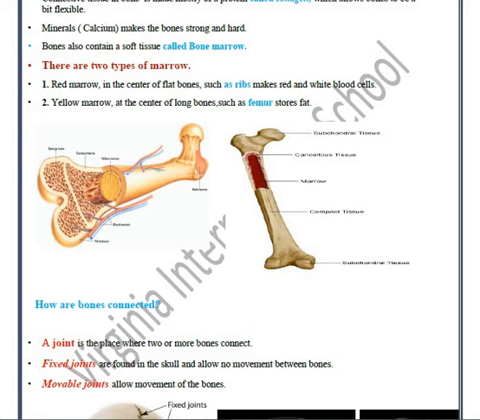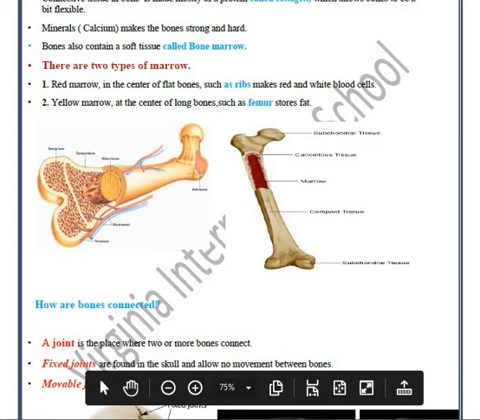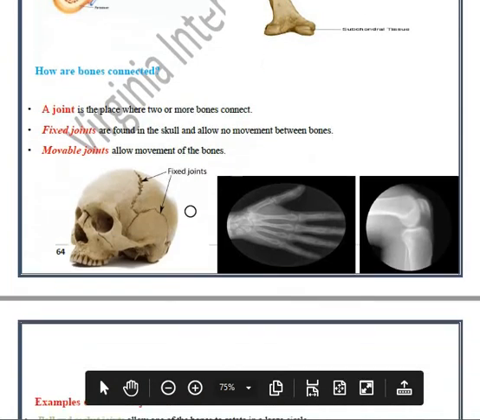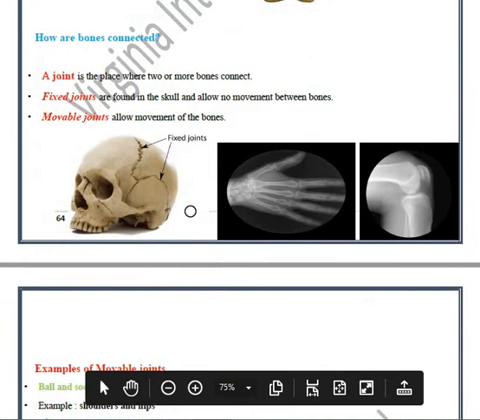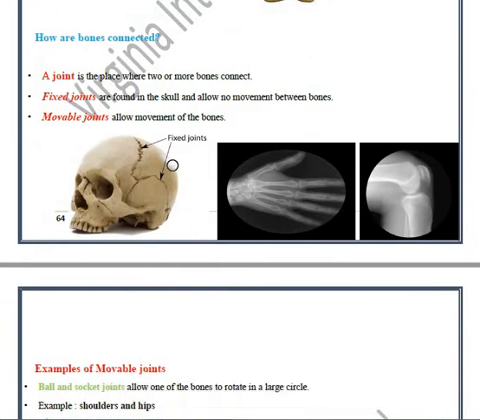The red is found in the flat bones, just like the ribs, and the yellow is found in the long bones, like the hip, although it's not called the hip, it's called the femur. Okay? Let's know how the bones are connected to each other.